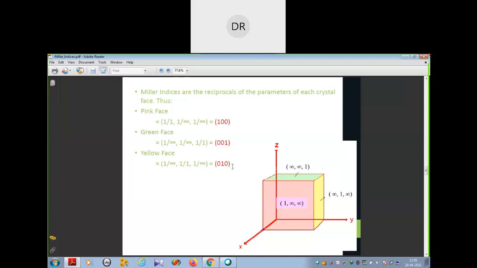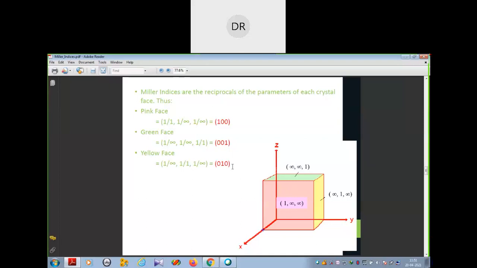So you can find the Miller indices for each plane. First find the intercepts on each plane, then take the reciprocals, and if the reciprocals are fractional, make them whole numbers by multiplying by the highest denominator among the three numbers.